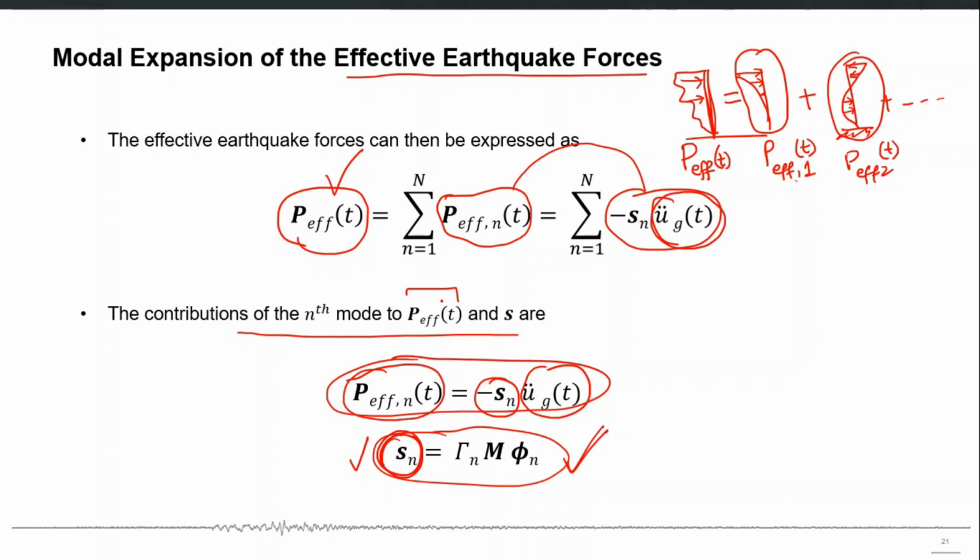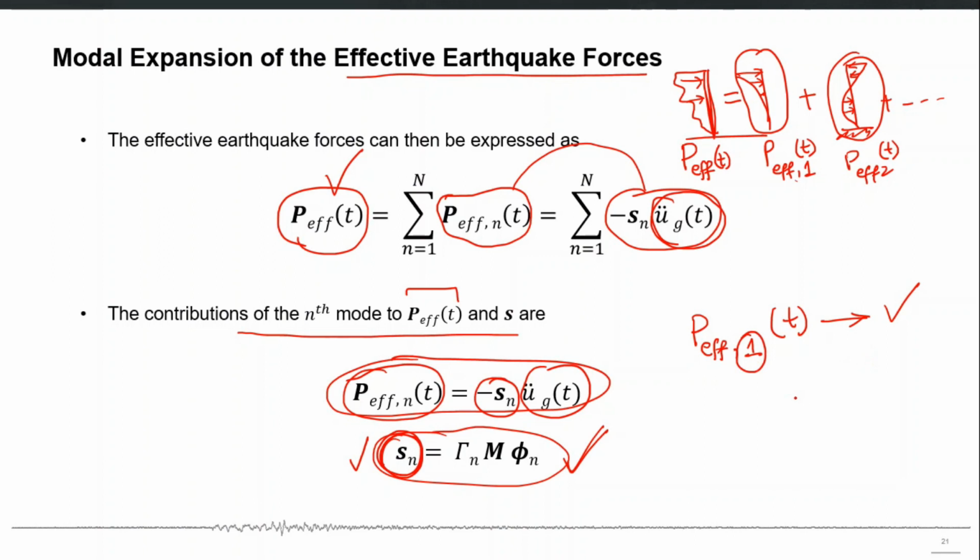So for example, for the first mode, if I apply P effective comma 1 of t, Chopra actually showed in his book that the response will be primarily in the first mode only, because you apply the first mode's effective earthquake forces.